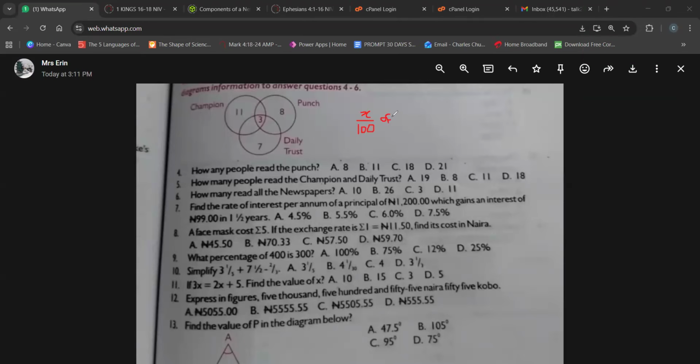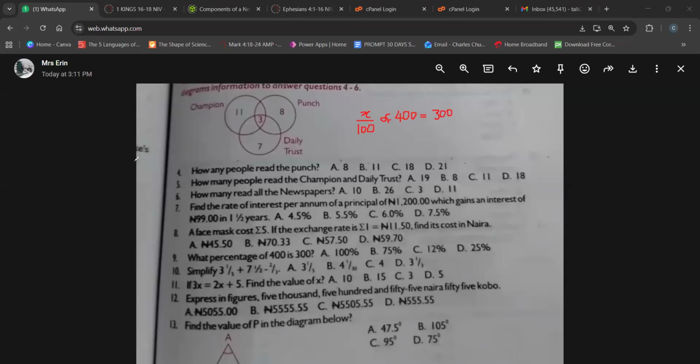What percentage of 400? I like it whenever questions come like this. I will write it exactly as the question said it. In mathematics, 'is' is the same thing as equals to. So put your equals to, then put your 300 on the other side. Your job now is to find X. We change that 'of' to multiplication, and you're good.